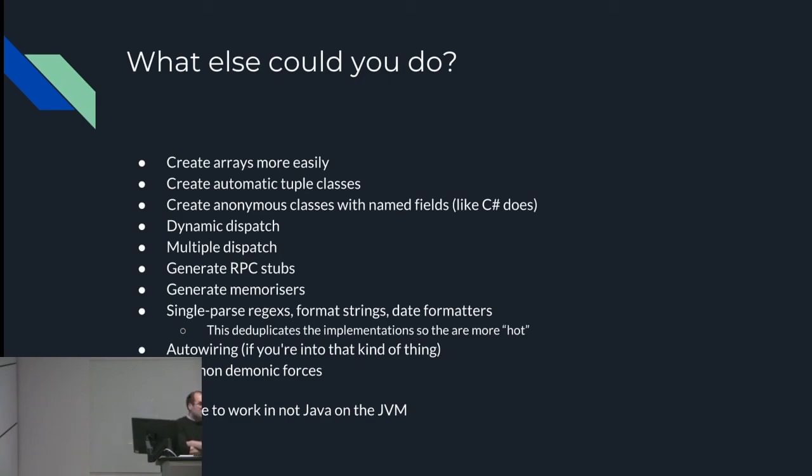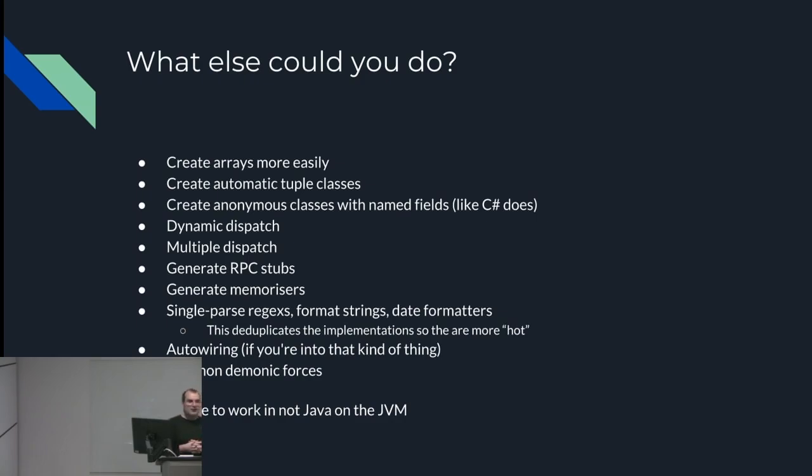You could create tuple classes automatically if you had a language that needed tuples. You could create anonymous classes with named fields like C# does, and the advantage to that is if you create two in two different parts of the code, you could have it automatically deduplicate them.